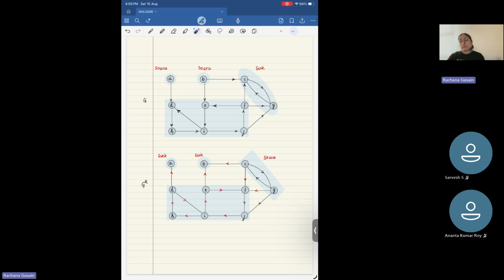DFS, how much time does that take? It's linear in the size of the graph. So if you want to keep it simple, run DFS on G of R once, sort all the vertices in decreasing order of finish time, and then pick the vertex with the highest finish time, run DFS here. You'll get one SCC.